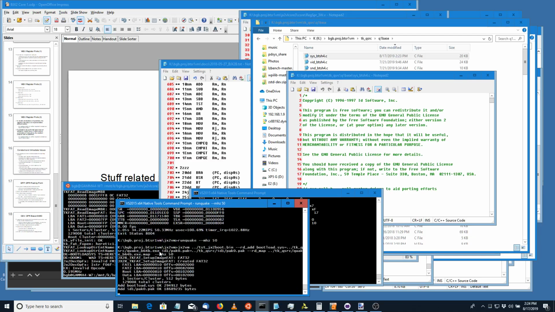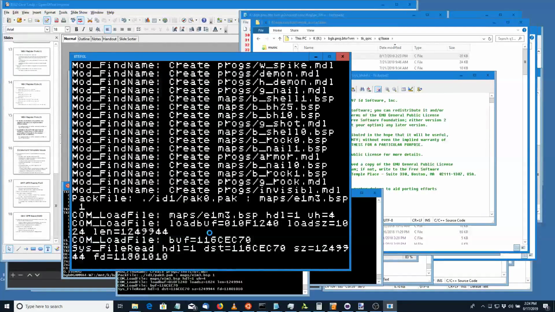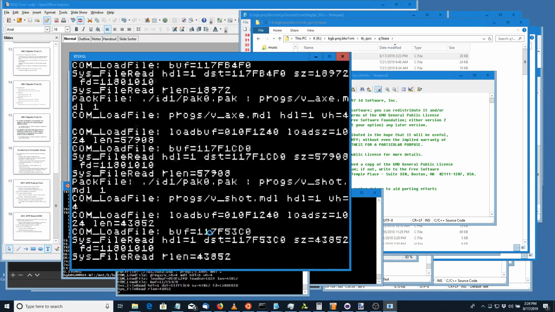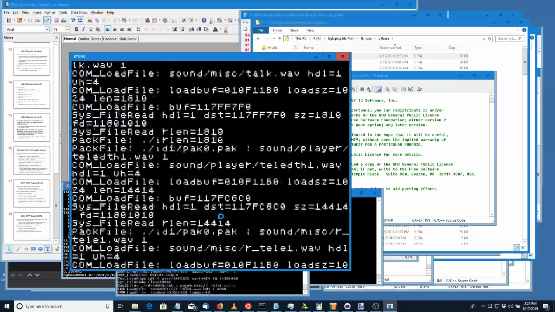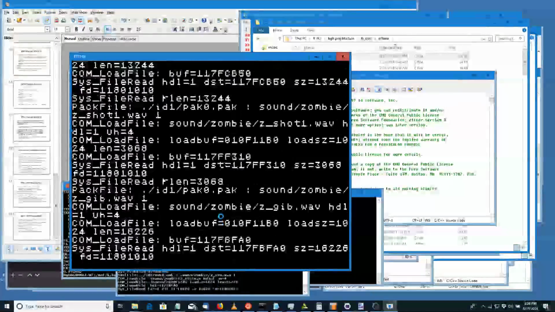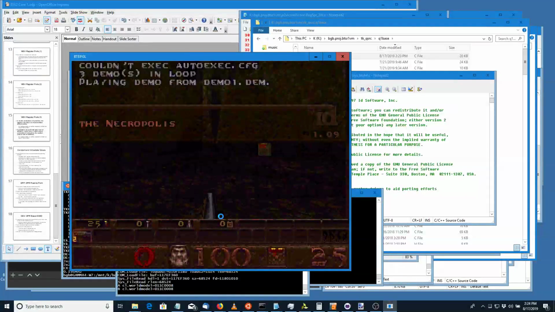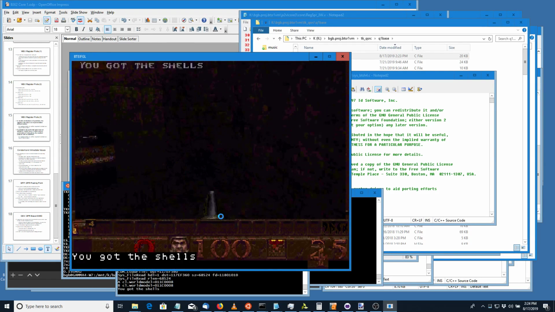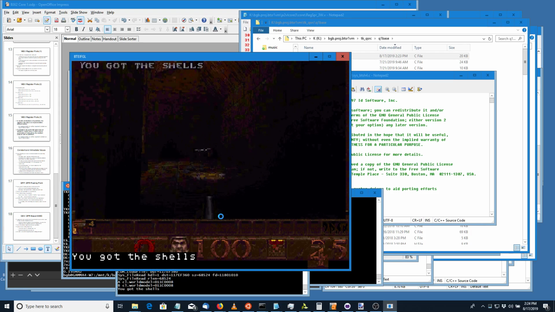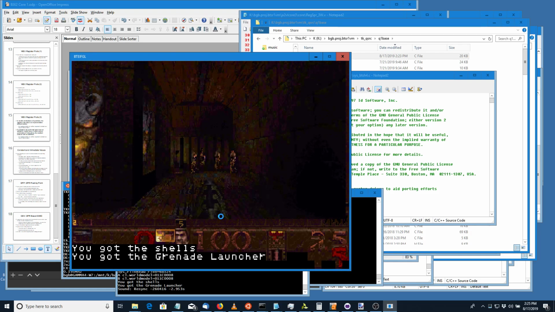So will Quake work now that I've rebuilt it? Okay.